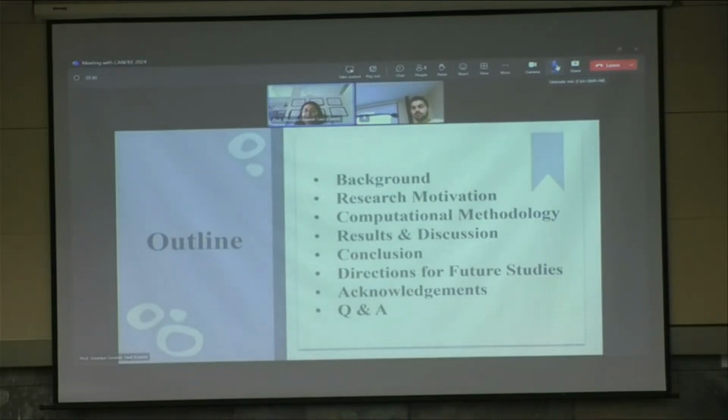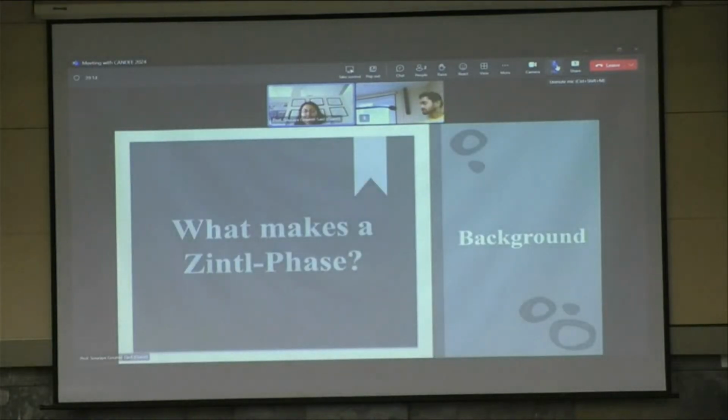I will also give an idea about the computational methodology. Also, I will present results and discuss them related to structure, electronic, elastic, optical properties, and also thermoelectrics. Some conclusions and maybe more opportunities, if I have time, to discuss the plans of the future, as it is an active project.